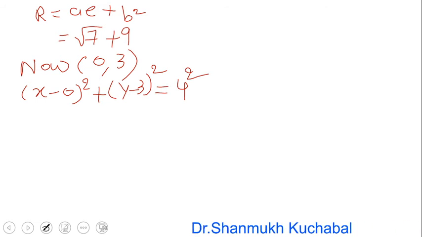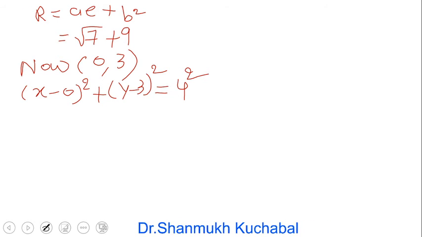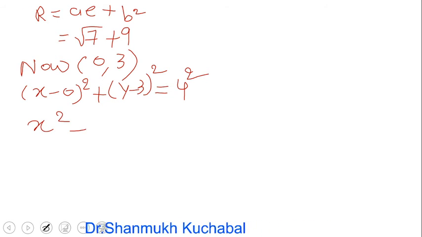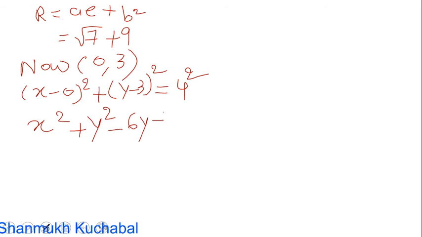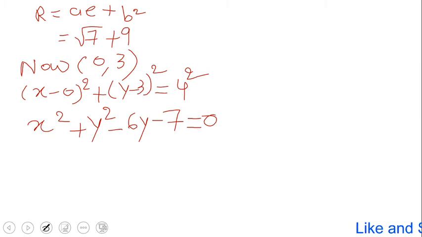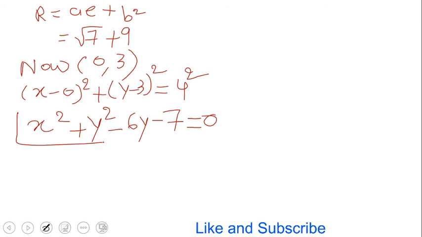Then simplifying this equation, we get x square plus y square minus 6y minus 7 equal to 0 here. That is, for (y minus 3) square, we have to apply (a minus b) whole square. 4 square is 16. Transposing to LHS and simplifying, we get this expression here.